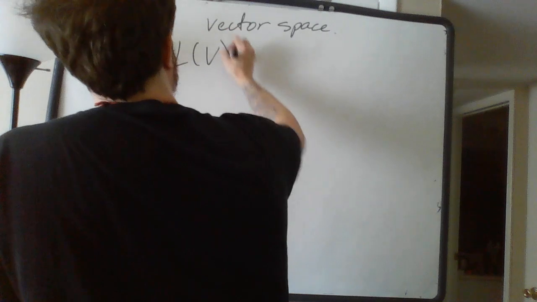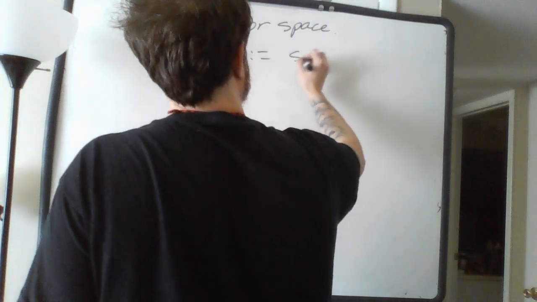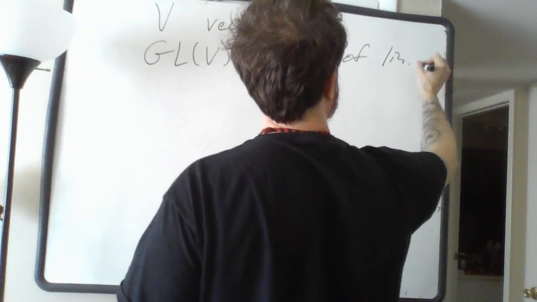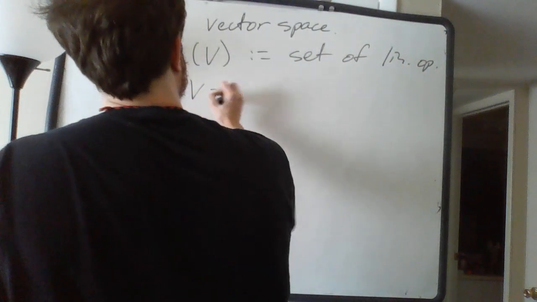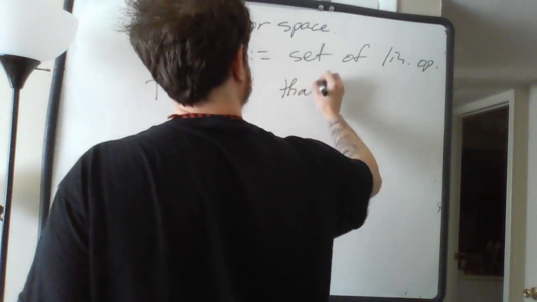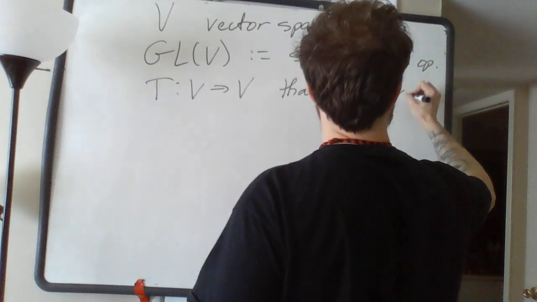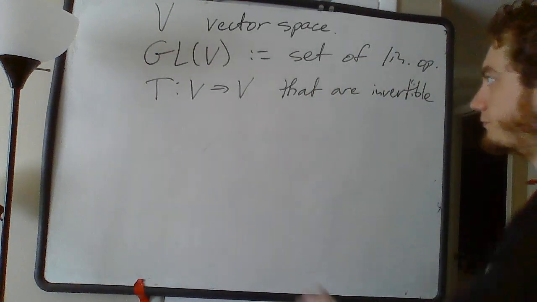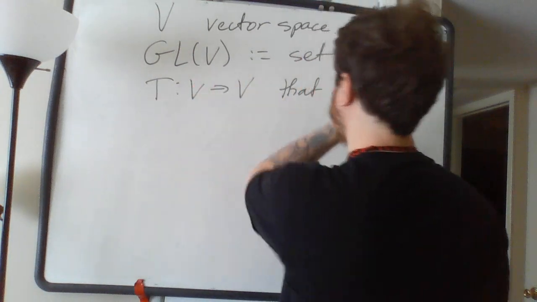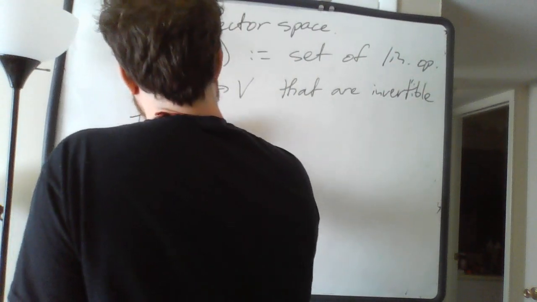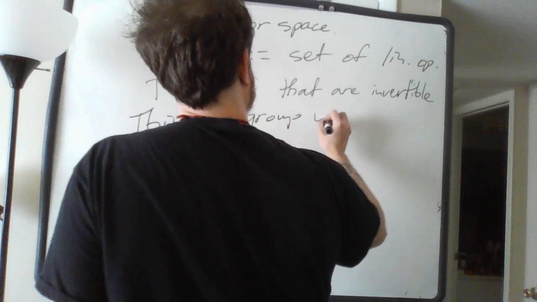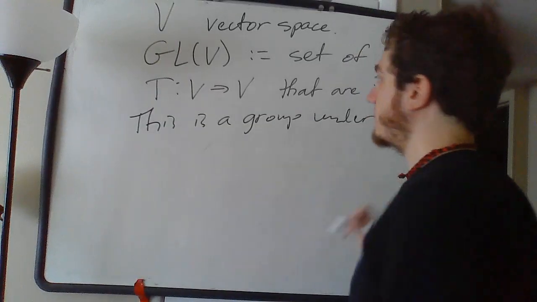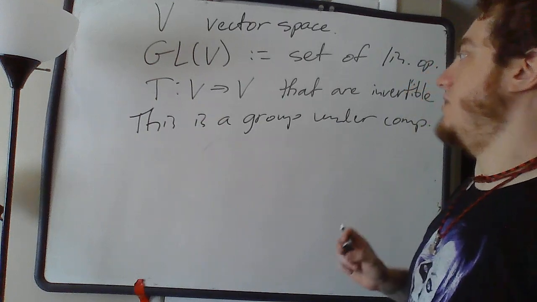And I'm going to define GL of V to be the set of linear operators T from V to itself that are invertible. So all the linear maps from a vector space to itself that are invertible. And I claim that this is a group under composition.